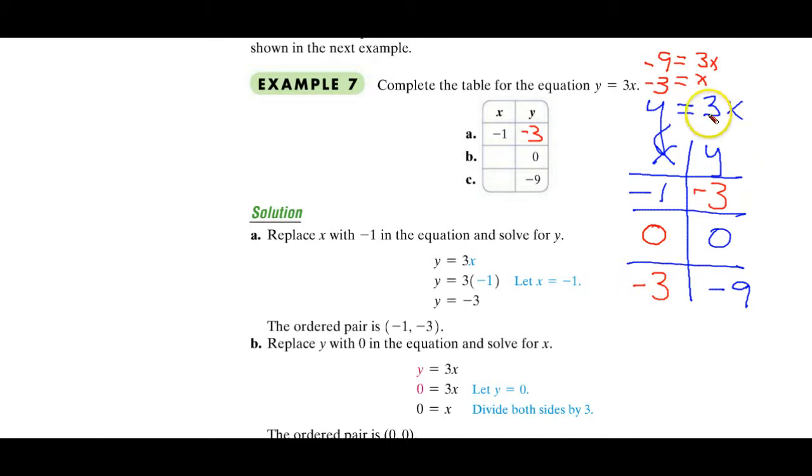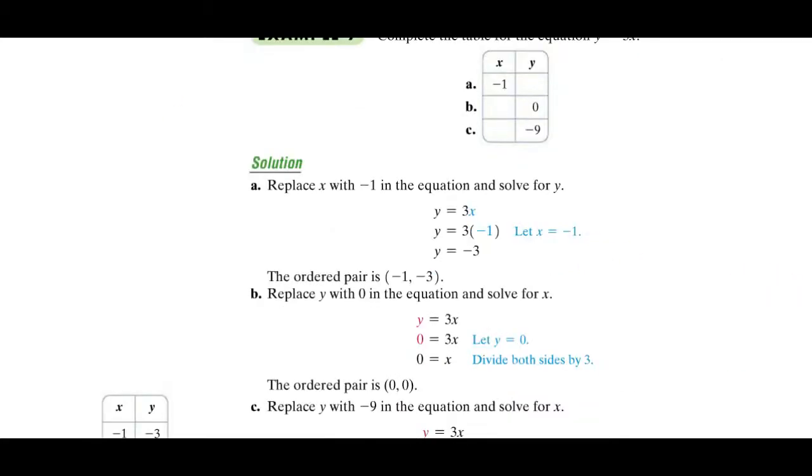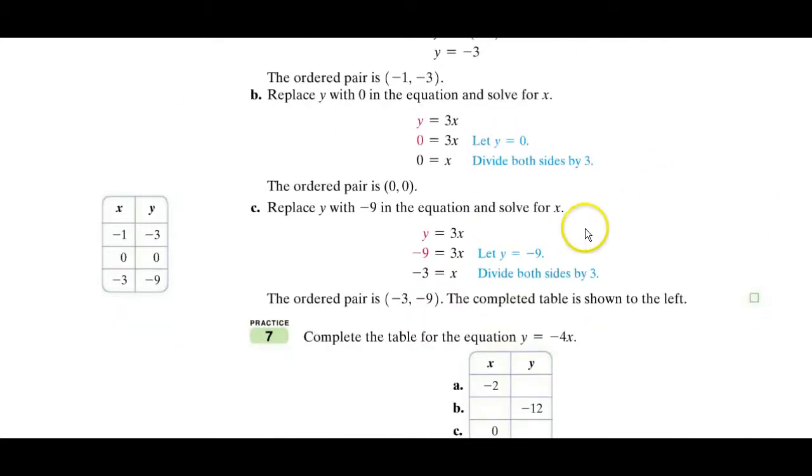And you can put that 3 times negative 3 is negative 9. And there is your chart completed. So there's your negative 3, there's your 0, and we'll go on. And there is your last point.